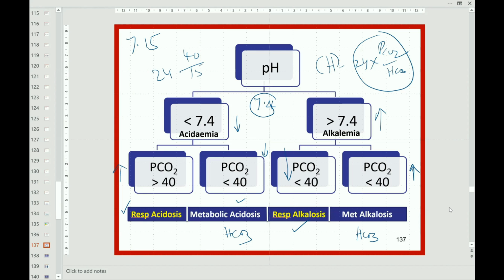So that means we have to look at the calculator. 24 multiplied by 40 divided by 15 is equal to 64. 64 is the answer, which means it is 7.16 or so. So it is tallied, isn't it? 7.15 and 7.1. That is how you verify the internal consistency. Time and again you have done it and it is not a big deal.